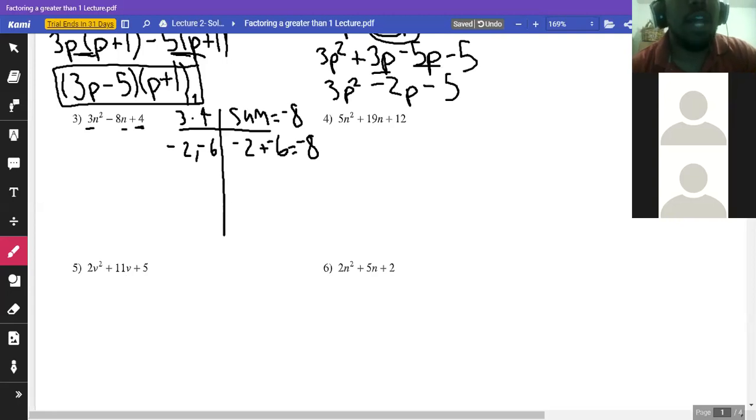I'm going to use them to split up my -8n, because I know that -2n minus 6n gives me -8n. So 3n squared minus 2n minus 6n plus 4.